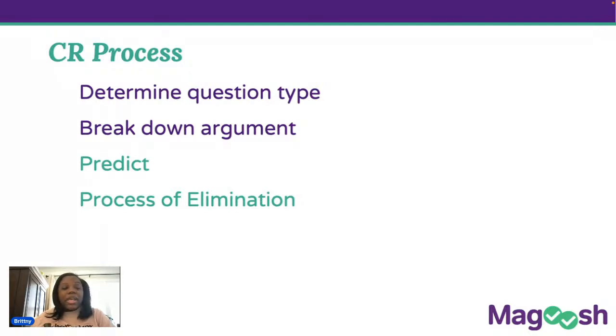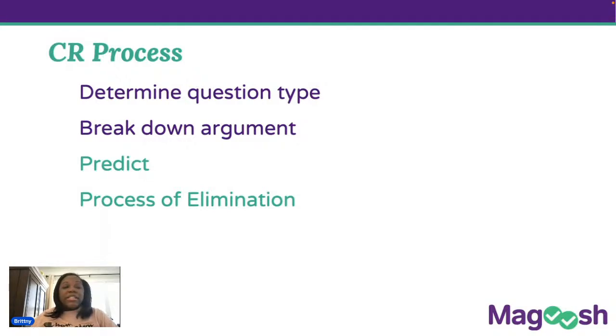So we want to read through the question and say, this is this type of flaw and this is the disconnect. When we're breaking down the argument, we're looking at the premise, identifying the conclusion, and then finding our disconnect. From there, probably the most important step is to predict.